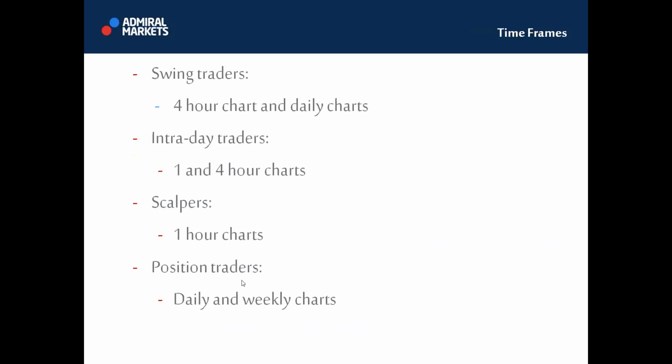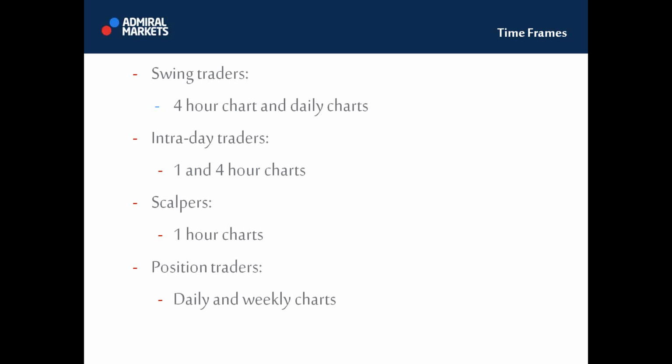Good point. Time frames. Well, I think everyone has an idea. Swing trades, you want to use a 4-hour and daily chart for the trend definition. Intraday traders might think of 1 or 4-hour or maybe even 2 hours, somewhere in between. Scalpers, 1-hour charts would be their main trend definition.